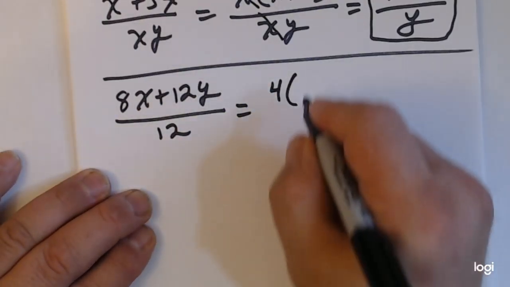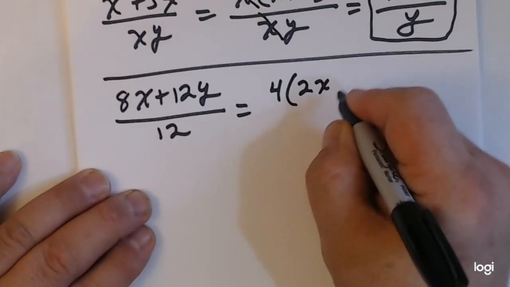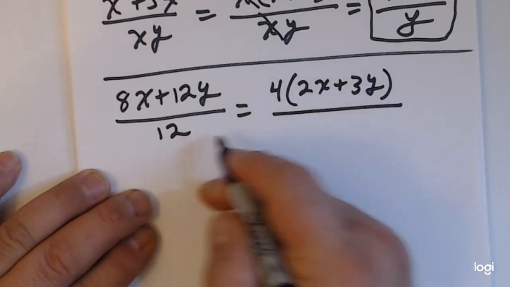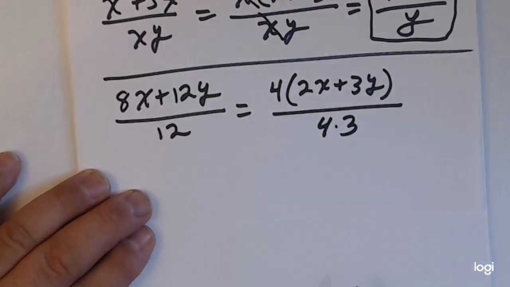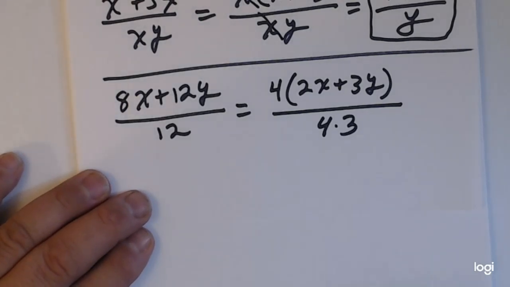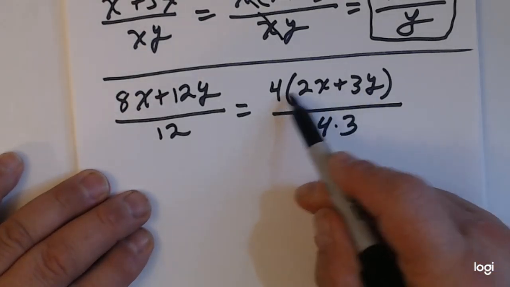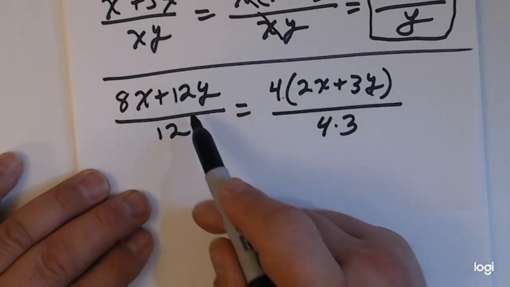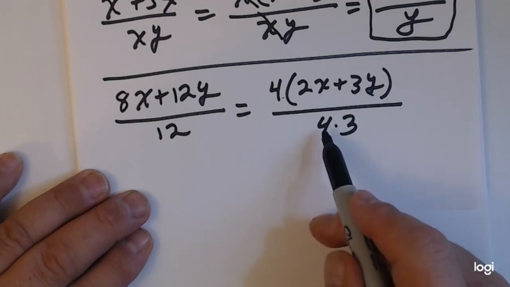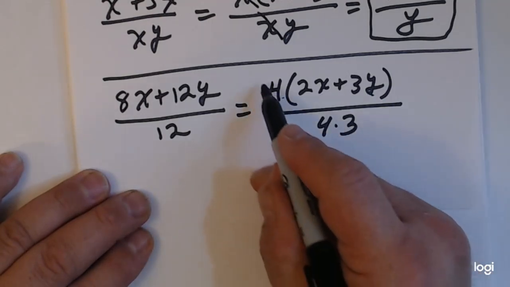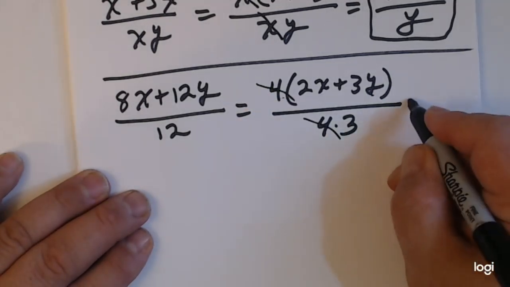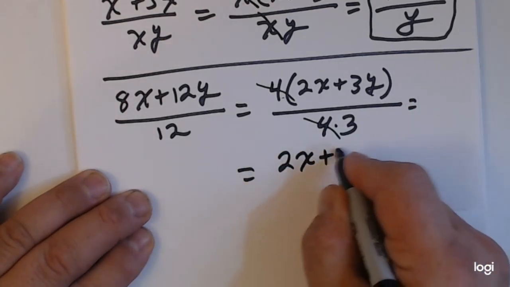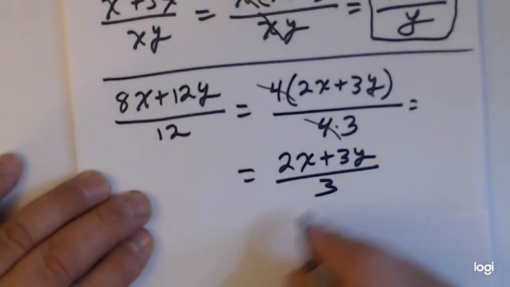So we get 4 times 2x plus 3y, and 12 is 4 times 3. Just to double check, 4 times 2x is 8x, and 4 times 3y is 12y, and 4 times 3 is 12. So here we see that the 4's cancel, and we're left with 2x plus 3y over 3.